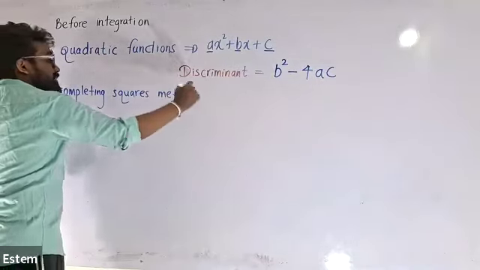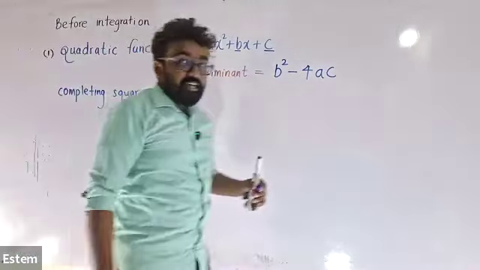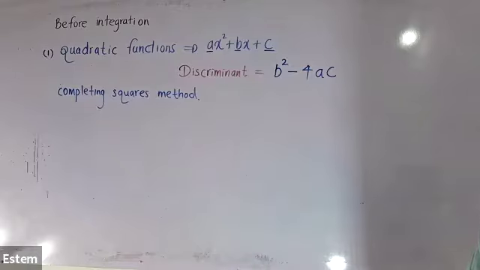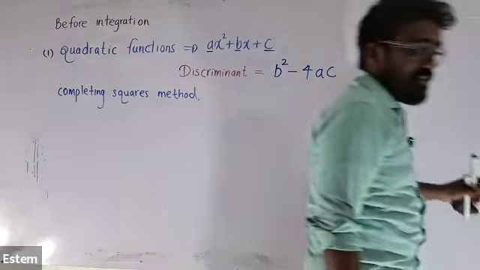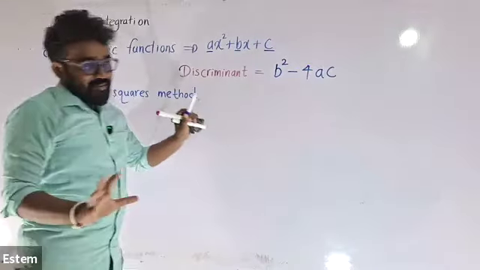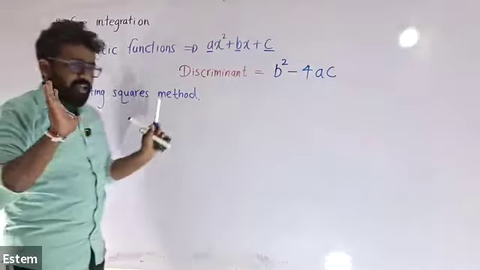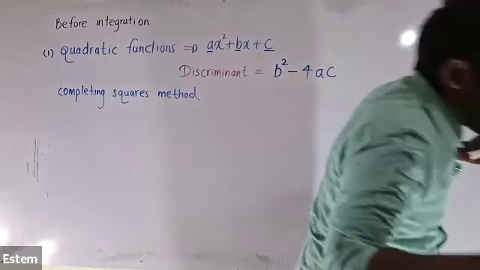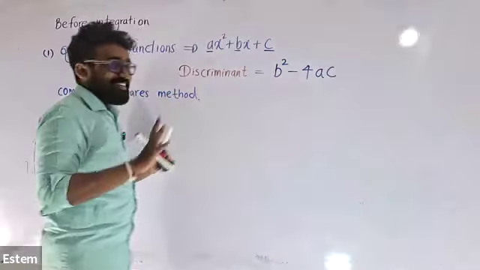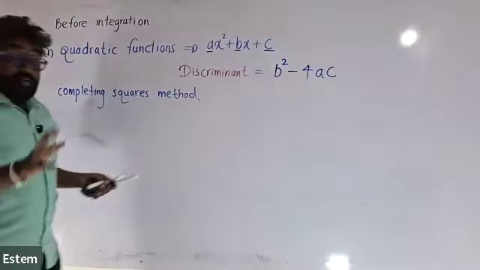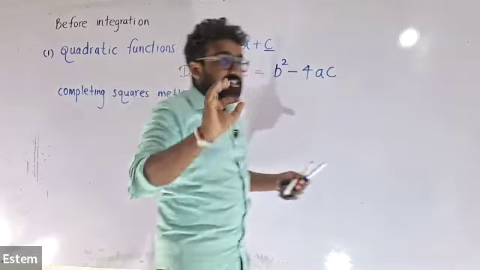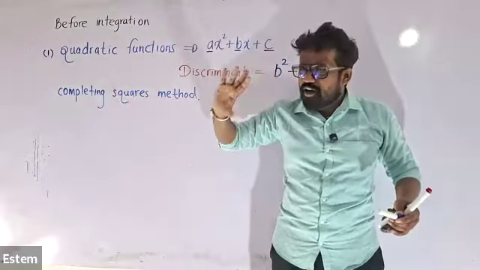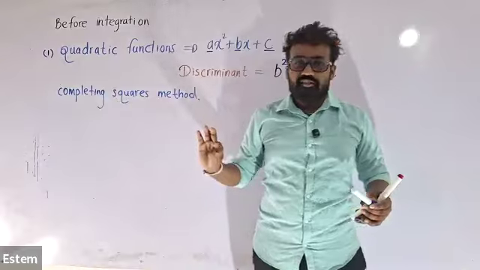Now I am going to teach you the completing square method. Okay, you don't know. I will teach you from the beginning. The discriminant and the completing square method are all very important for integration.